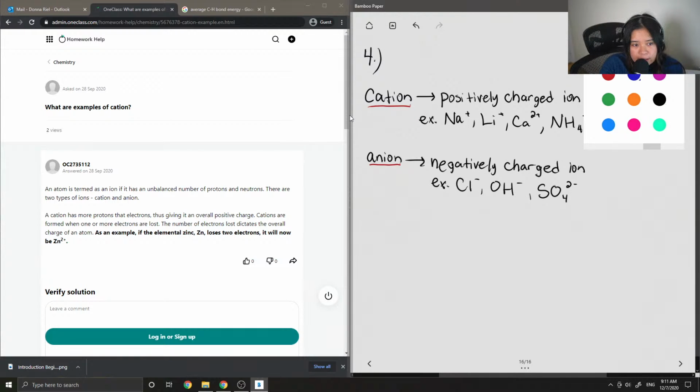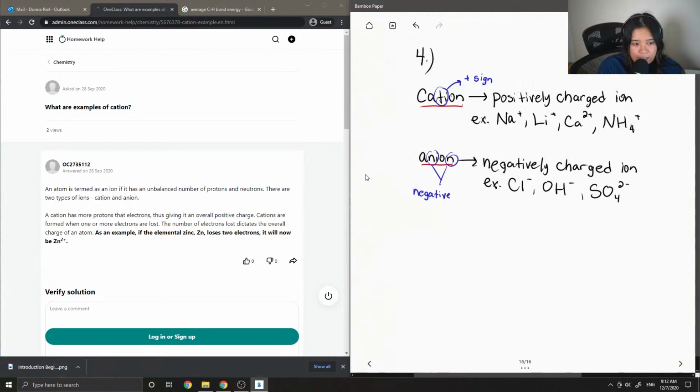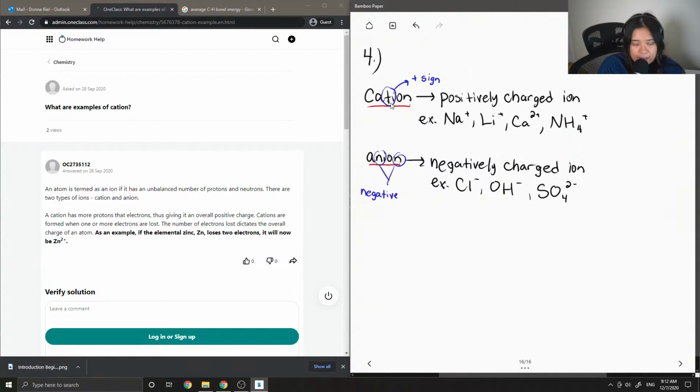So an easy way that I like to remember which one's which, like which one's positive, which one's negative, is that cation has a T, which also kind of looks like a plus sign. So we know that this is the positive ion. And even with anion, there are 2 N's in it. So negative starts with an N. So anion has the N, 2 N's, and then cation has a T, which is like a plus sign. So that's how I like to remember which one's which.